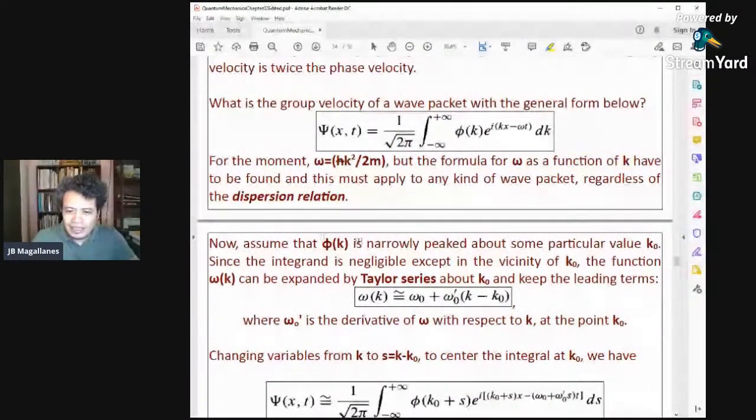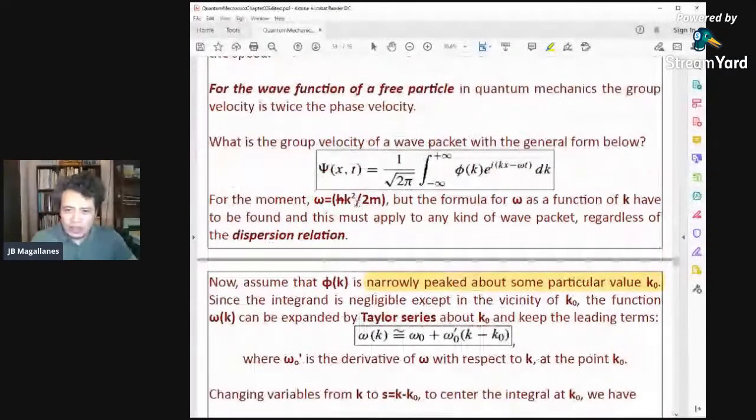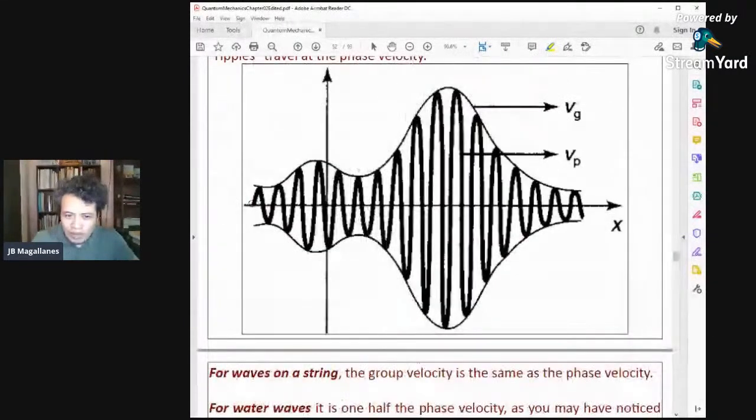Let's have a wave packet that is narrowly peaked about some particular value k sub o. So for example, you have a wave packet that looks like this, and it's narrowly peaked at k sub o.